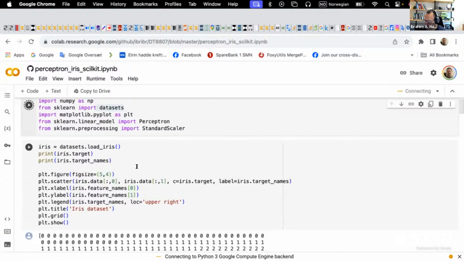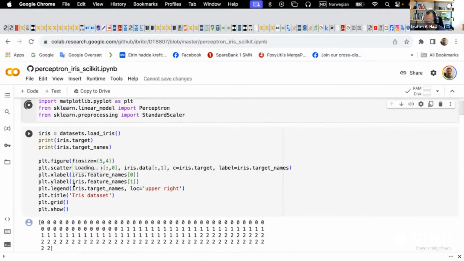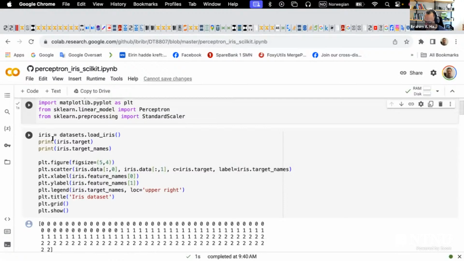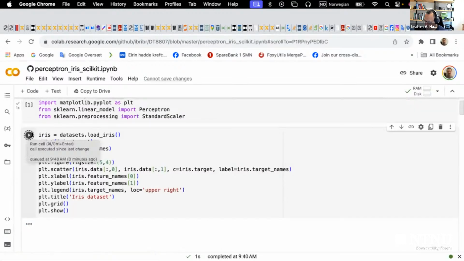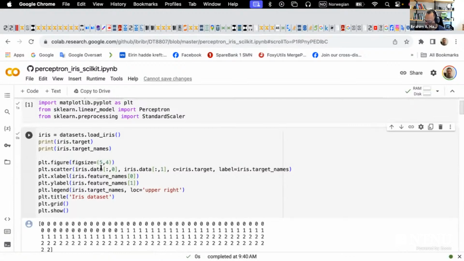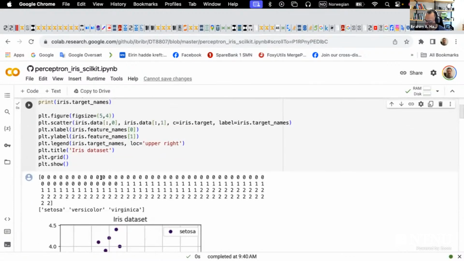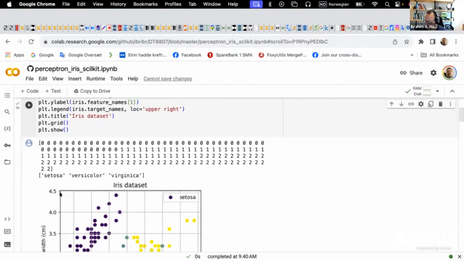In the second part here, I try to load my dataset. I will load the whole dataset as it is, and I will try to plot it. As you can see here, we have 3 classes. Those are the labels of those classes: class 0, class 1, and class 2.